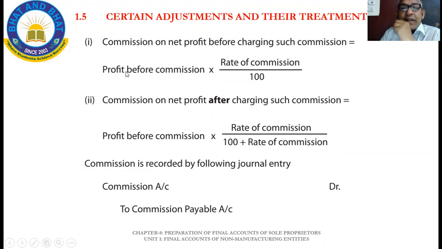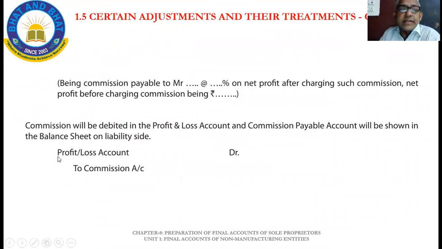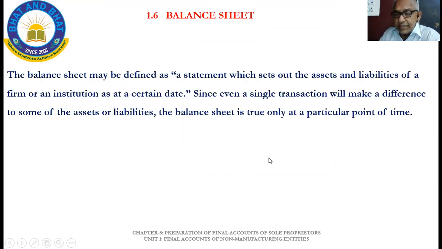When profit calculation is before charging the commission, this formula. If net profit is after charging the commission, this formula. Journal entry is like this. Commission account debit to commission payable account. This will be transferred to P&L account. Profit and loss account debit to commission account. Okay. This much.